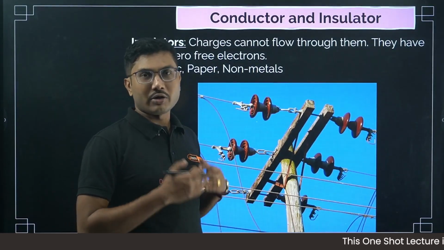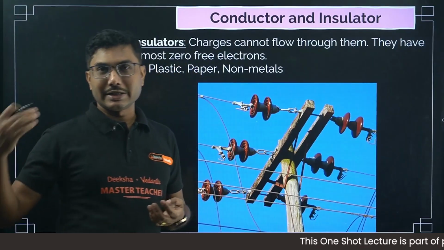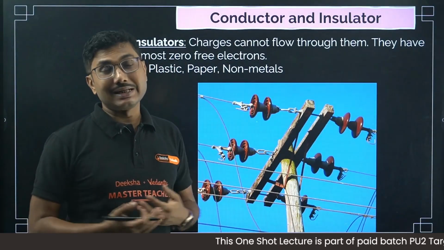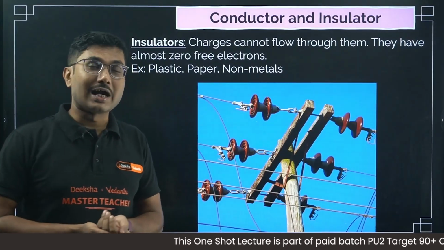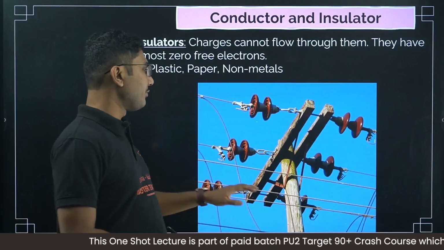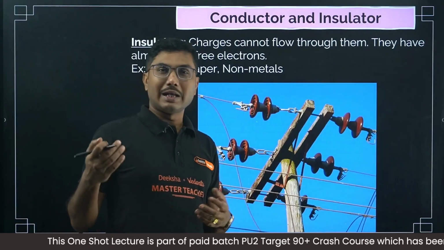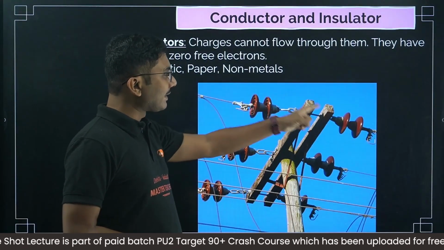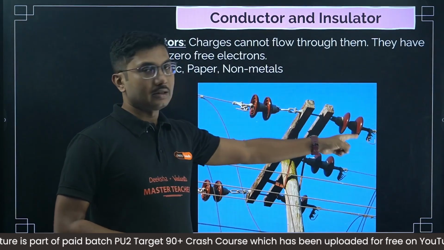Yes, they are not safe to touch, because in the rainy season or with some leakage, they may still get charged and you may get electrocuted. But in general you don't get electrocuted if you touch the electric pole or lamp post. Why so? Because the wires are disconnected at the lamp post using these insulators.